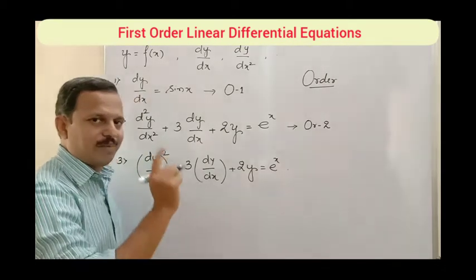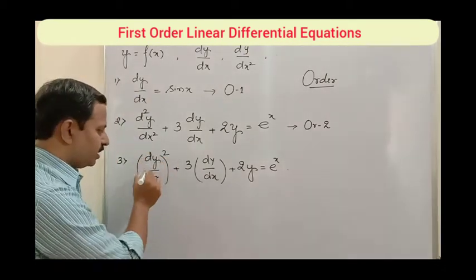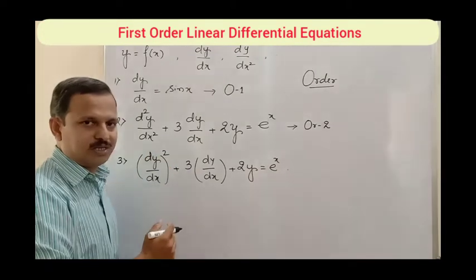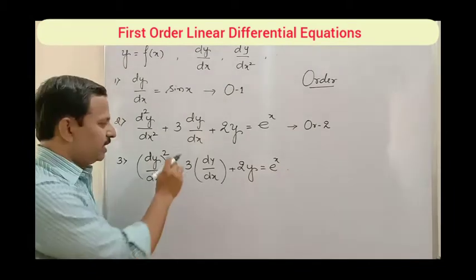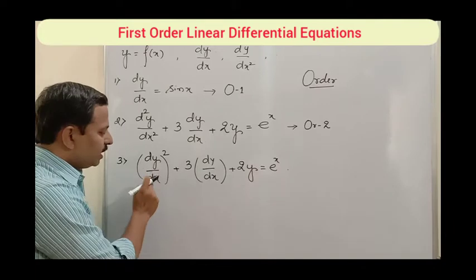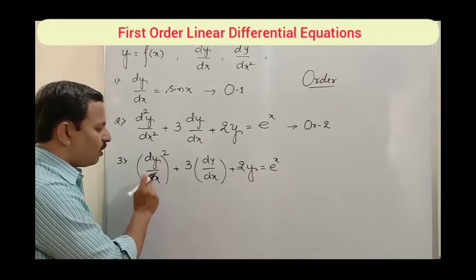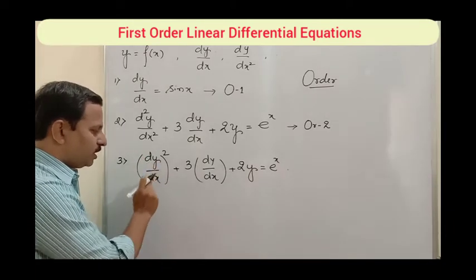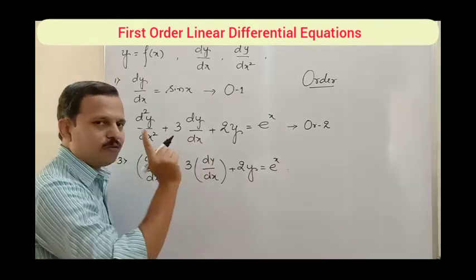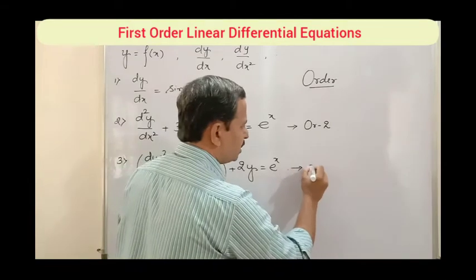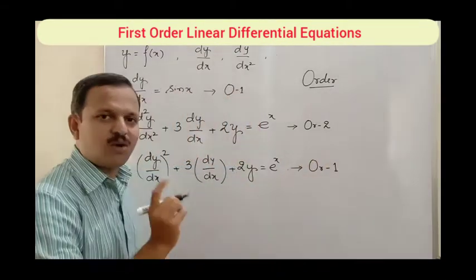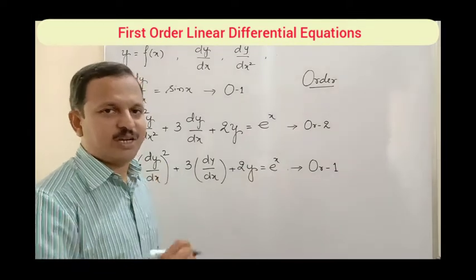It is again dy by dx, the first order derivative term. The exponent we have to consider as the power of the term. It is not indicating the order of the term. So the order of the derivative in this particular term is 1. Therefore, this differential equation is of order 1. So this is how we can define the order of a differential equation.